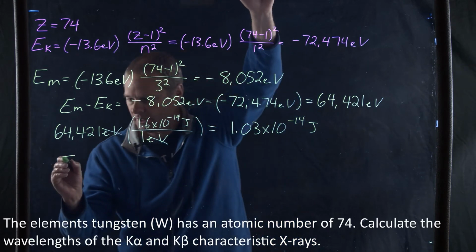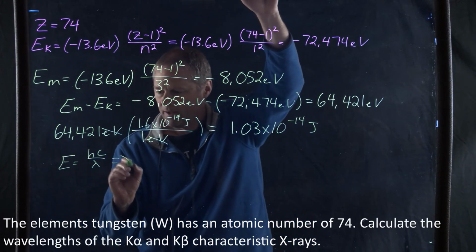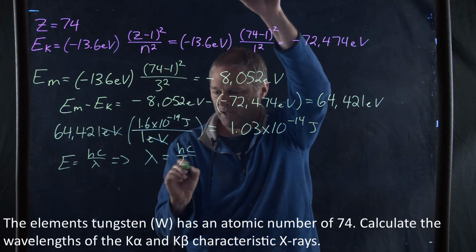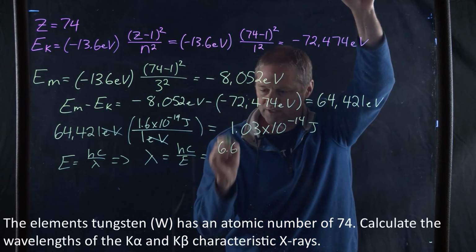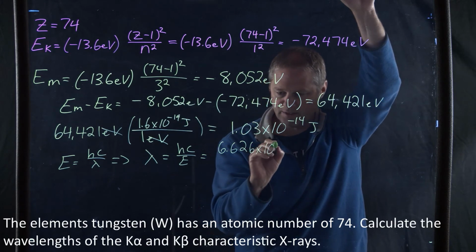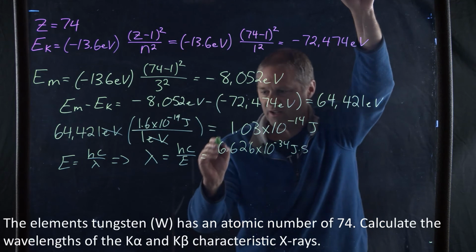Once again, we use E equals hc over lambda. Lambda is equal to hc all upon E, which is 6.626 times 10 to the negative 34 joule second. I didn't forget the second this time.